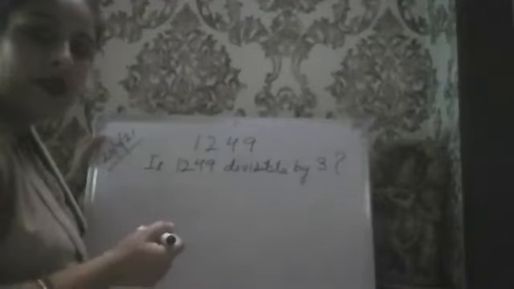Let's find out. We have all done the divisibility test. If this number has to be divided by 3, that means the sum of the digits should also be divisible by 3. So 2 plus 1 is 3, plus 4 is 7, plus 9 is 16. Is 16 divisible by 3? No, it is not.